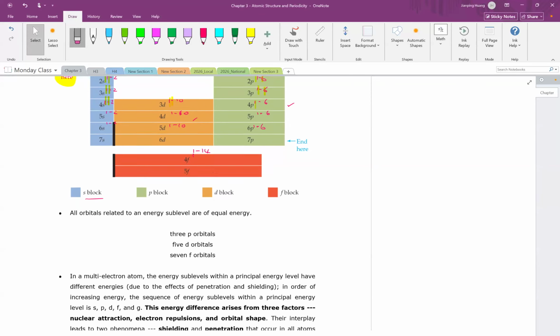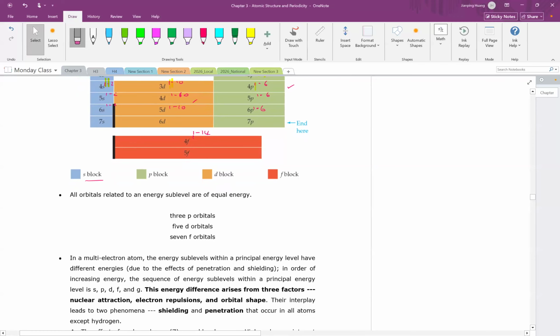Remember, degenerate: the 3p orbitals have the same energy, 5d the same, 7p the same. That's called degenerate. That is called a degenerate orbital, okay? Right?